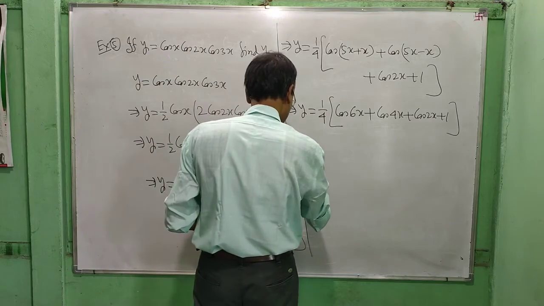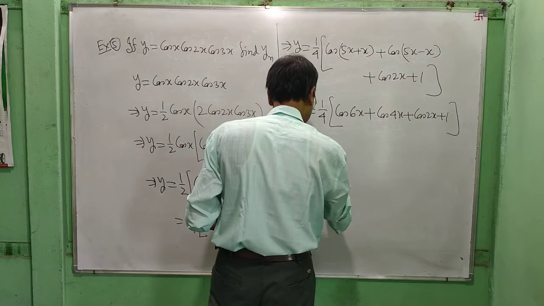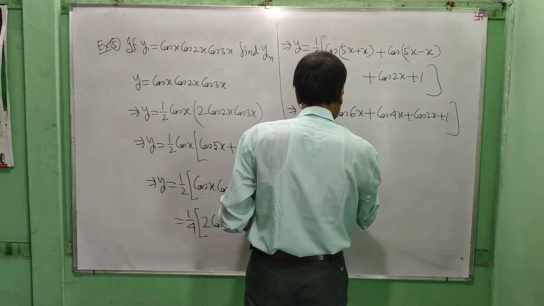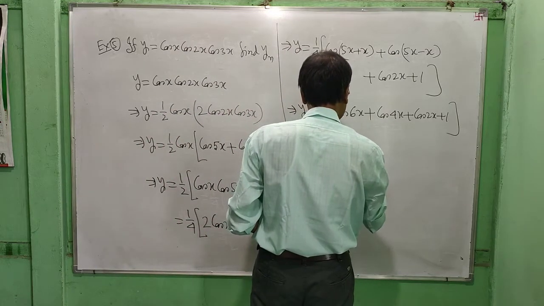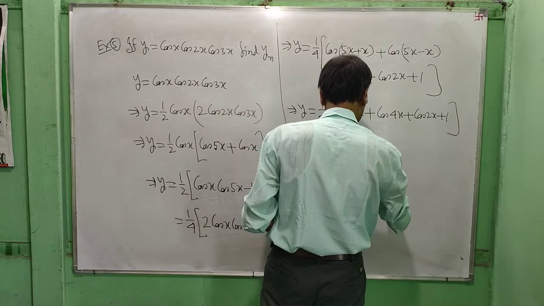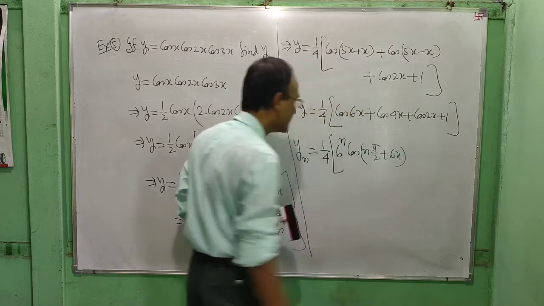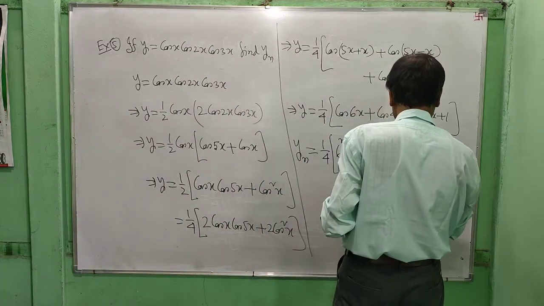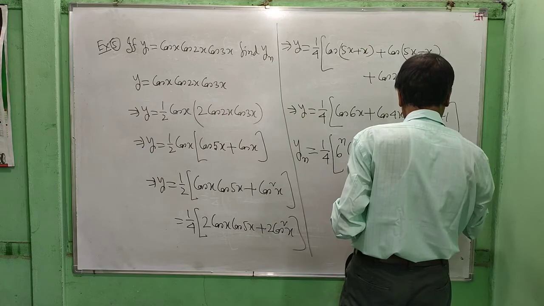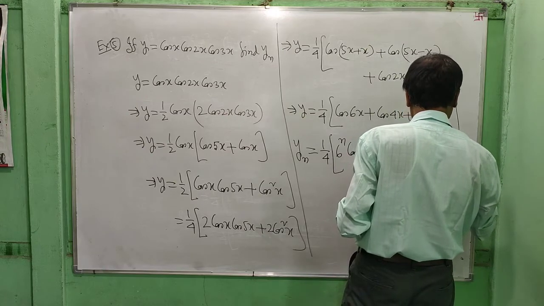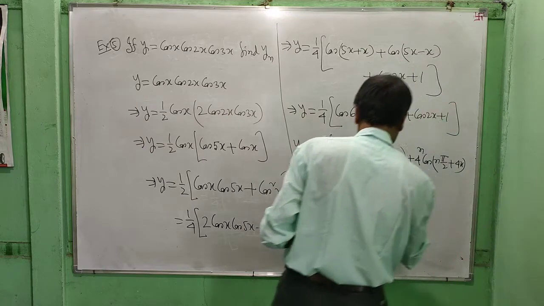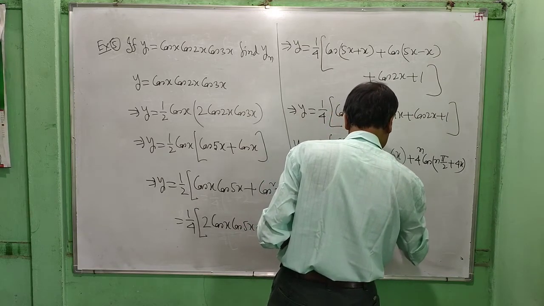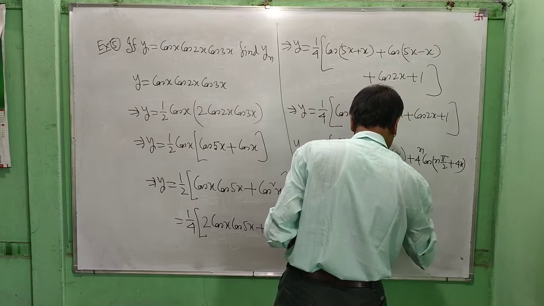Now, ym will be equal to 1/4 of 6^m cos(mπ/2 + 6x) plus 4^m cos(mπ/2 + 4x) plus 2^m cos(mπ/2 + 2x).